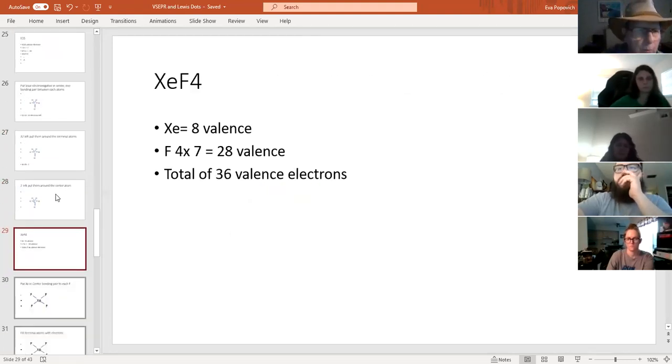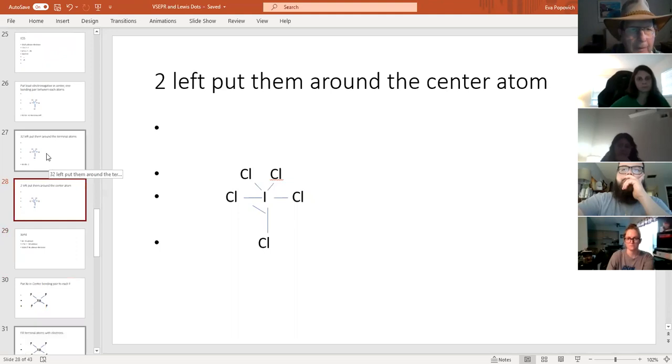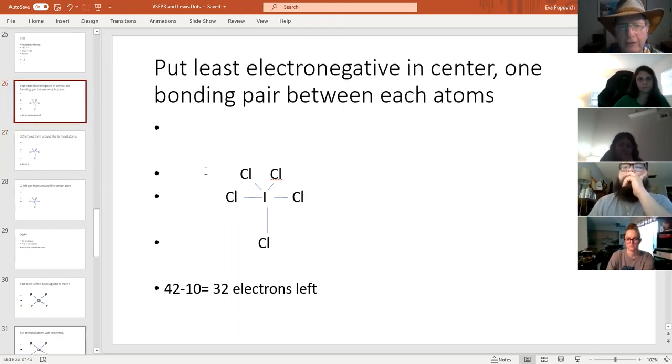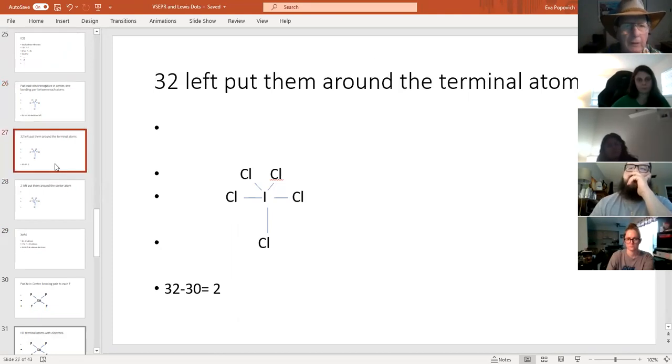I have now put 6 lone pair electrons around each one of these chlorines. I subtracted it away from the valence electrons I had left. I've got 2.